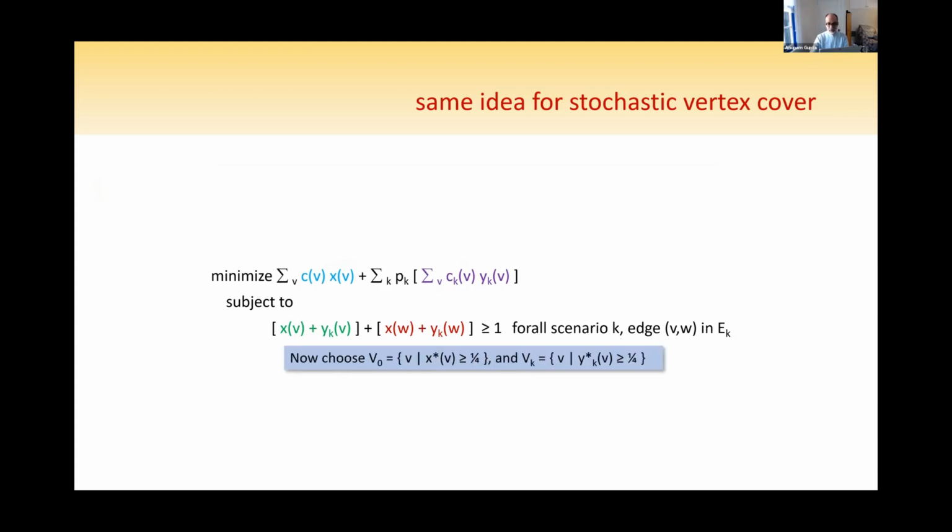And now there are four objects in every constraint, and it wants to be at least 1.